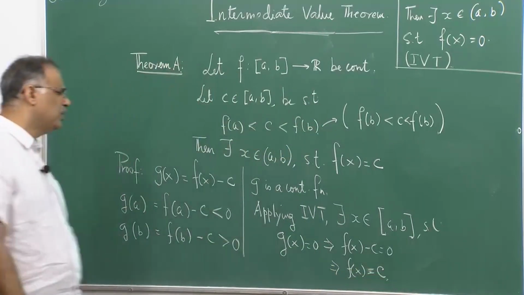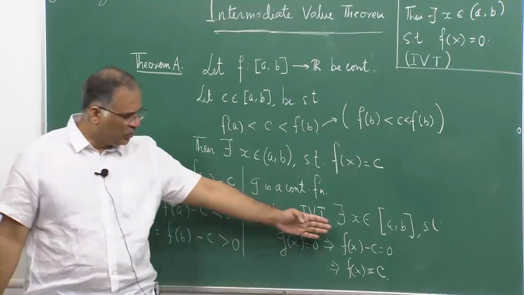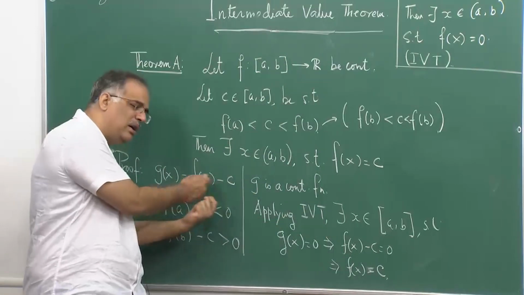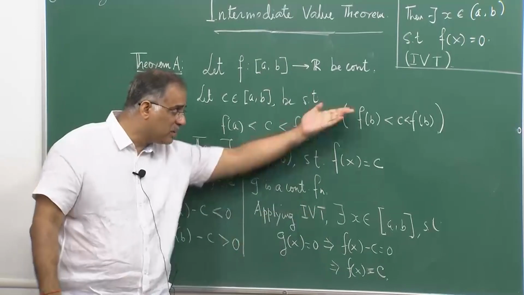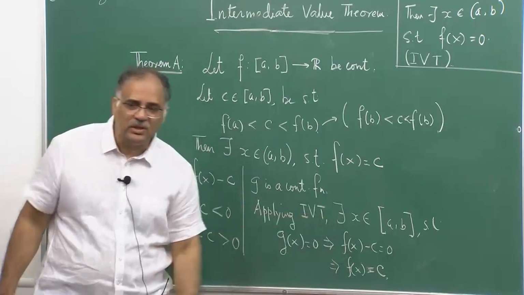So, what have we proved? By applying the IVT, with this little trick, a little translation, by a simple application we can show that there would always exist an x for which this happens.